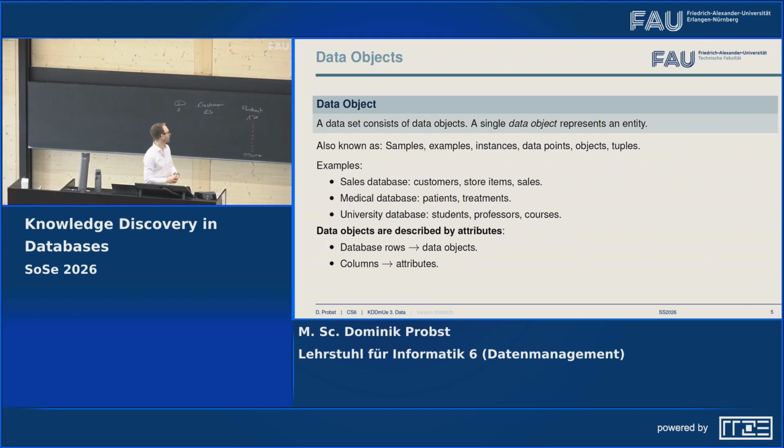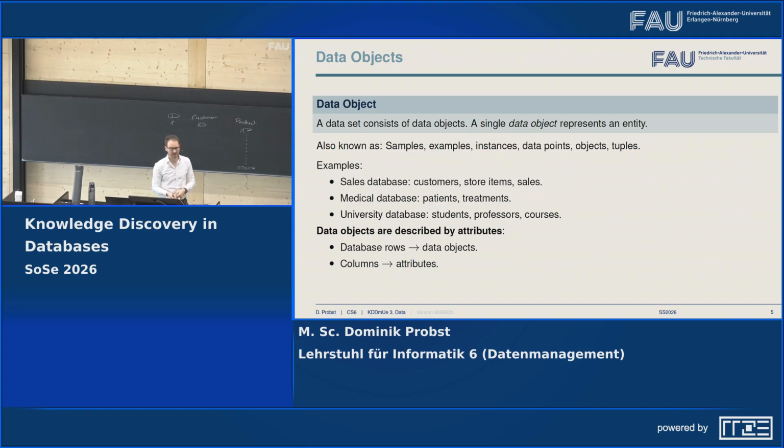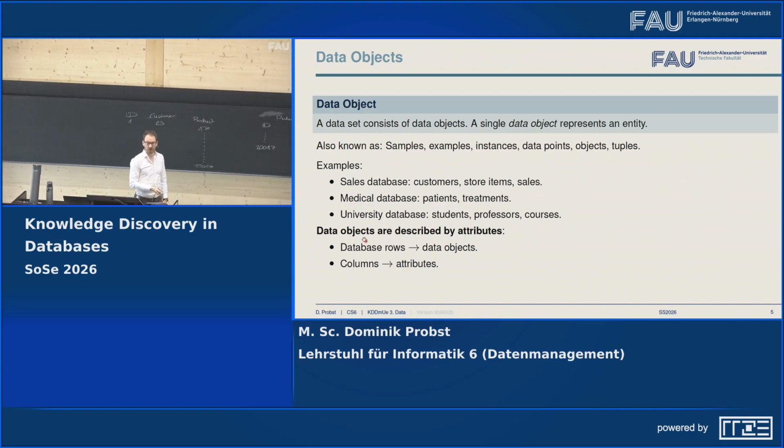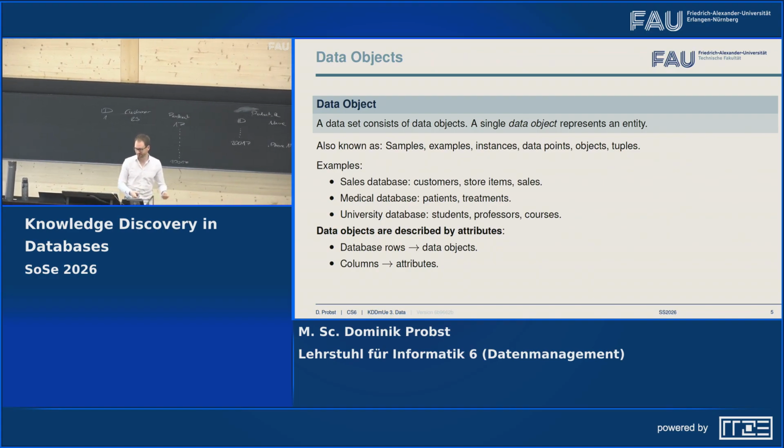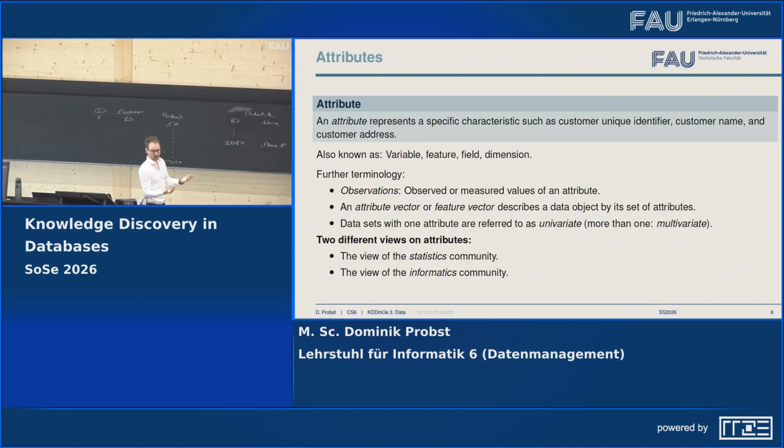I don't think we have to go through examples, since I've shown you one example in here as well, but it's about a simple row in a database. So data objects are database rows, and they can be described by the columns. So these things identify them further. And that's pretty much the next thing, attributes.